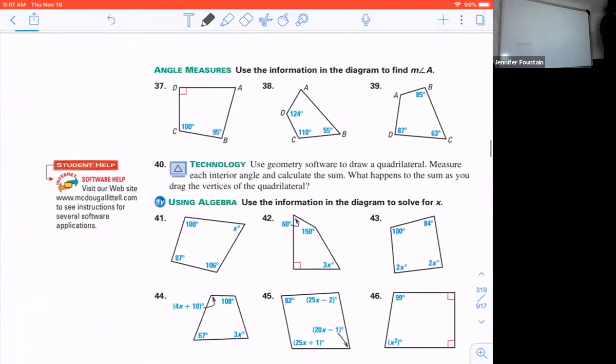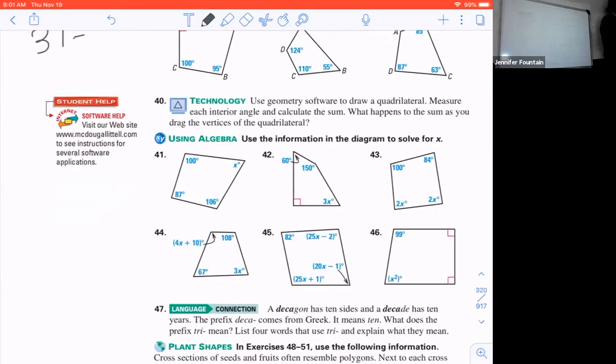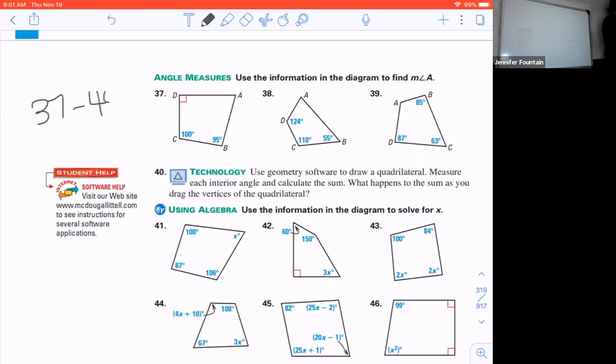And then on 327, 37 through 45 odds. So 37, 39, you're finding the measure of angle A. 41, 43, 45, you're having to solve for x.